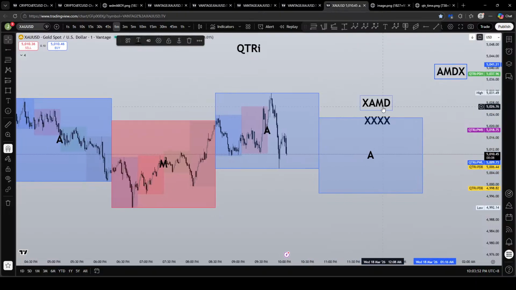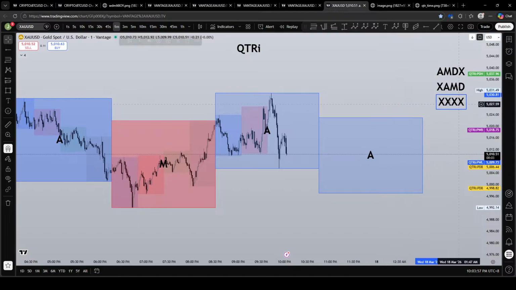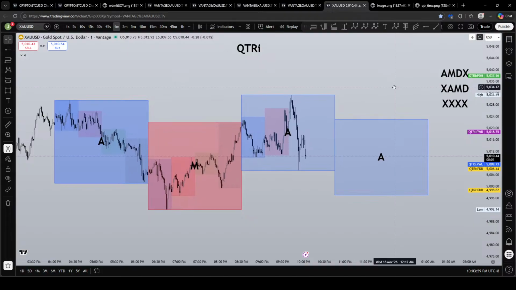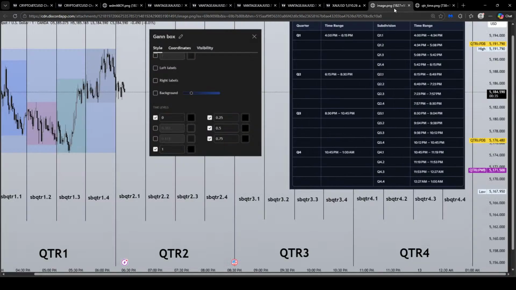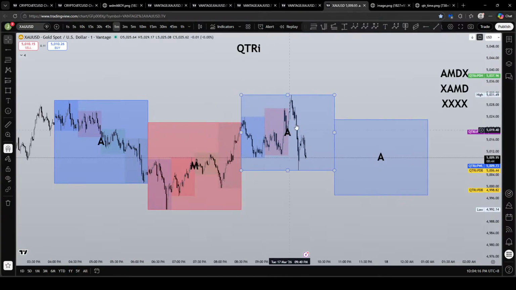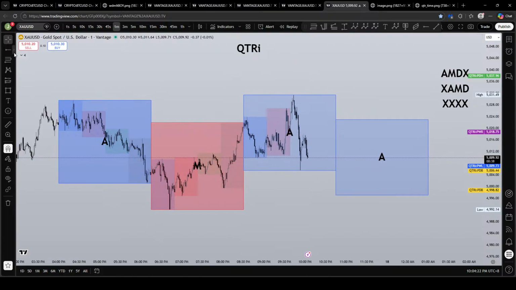So it is important that you have the time windows for the ending of each quarter, or the closing of each quarter. Why? The reason is simple. This will give you an idea what particular low or high will be taken in the next quarter. In this case, we are currently at the third sub-quarter of quarter 3.